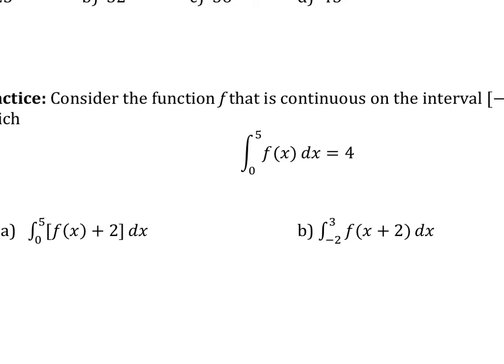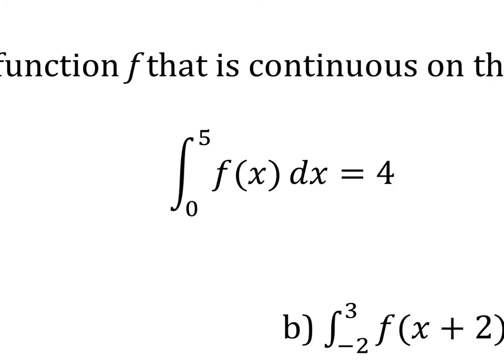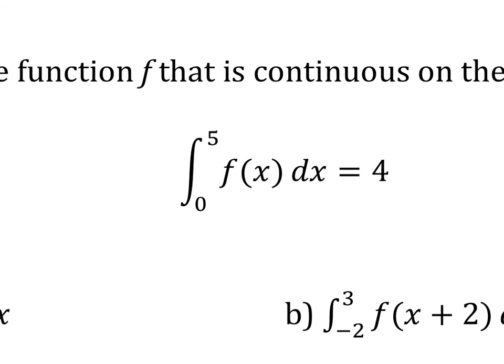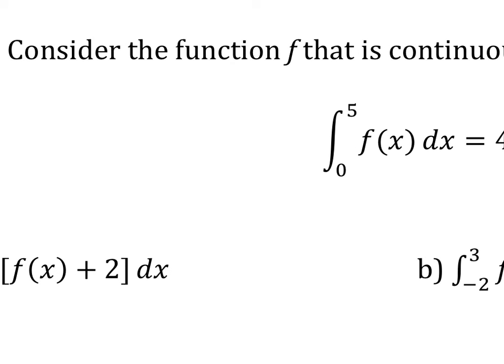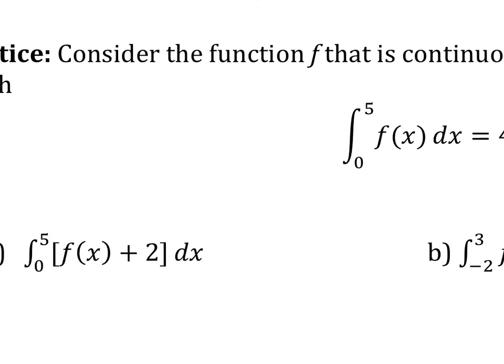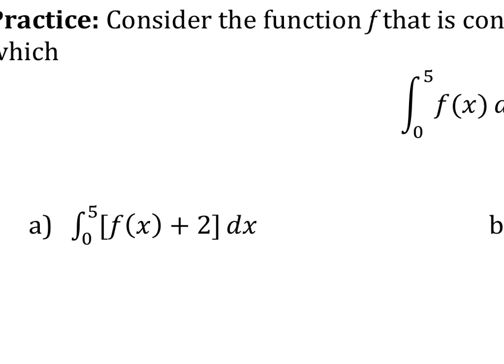If you have this function, and they tell you that from 0 to 5, this area is 4, what is this? Split this, right? Split it. So the integral of 4 plus 2 dx.